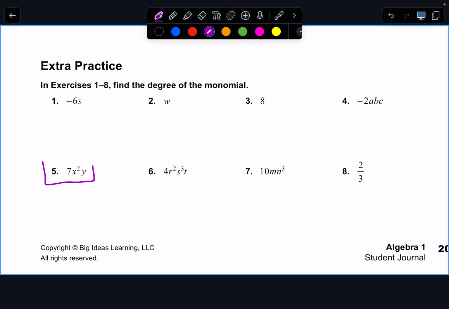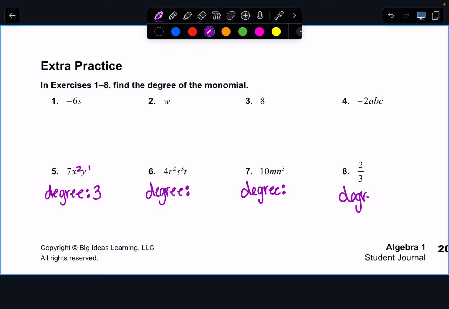If I look at number 5, what's the degree? 3. The degree is 3. Okay, because we have 1, 2, 3 total for our exponents. Could you write down what you think the degree is for 6, 7, and 8?